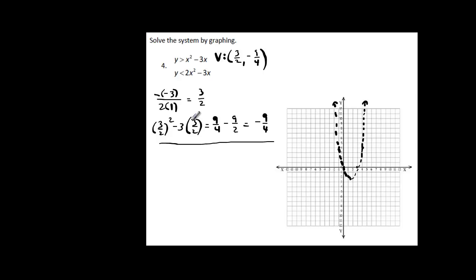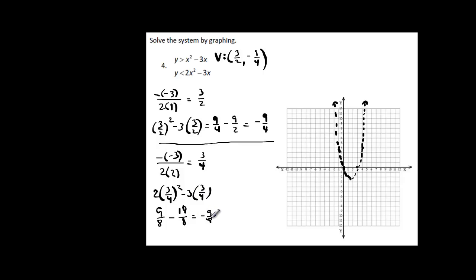The second one here is going to be the opposite of b over 2a, which is 3/4. Let's plug 3/4 in. So this is 9/16 times 2 is 9/8. This is 9/4, which is the same as 18/8.